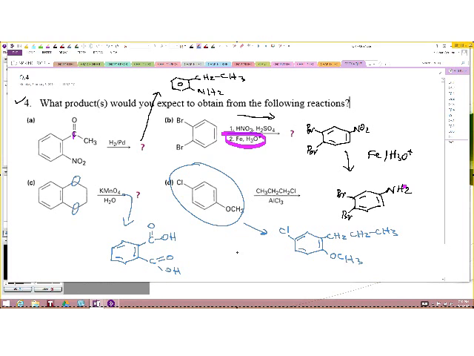So I will expect that we also get this. So I will expect to get those two products.